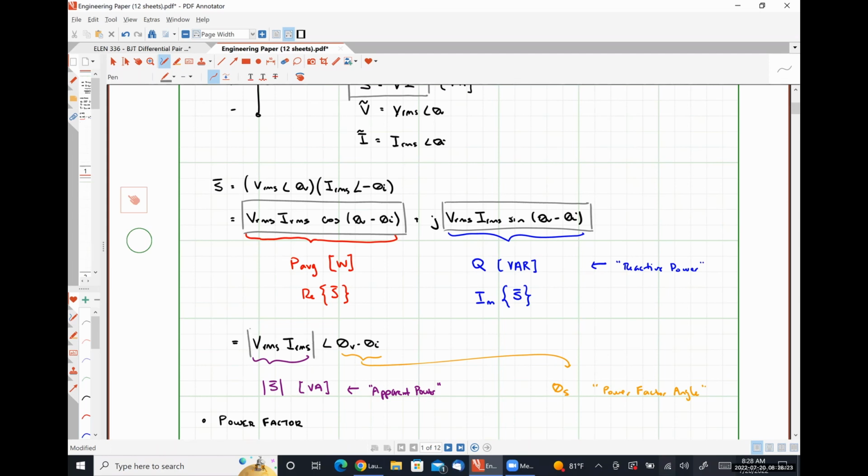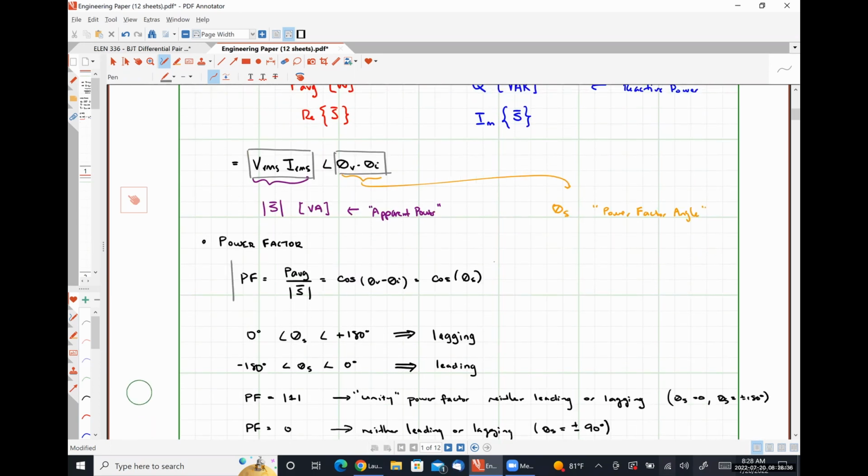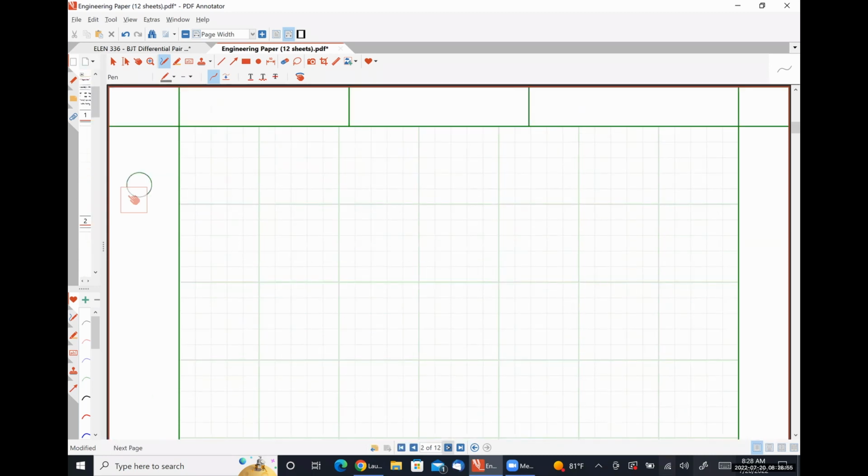This guy right here for our apparent power. This guy right here for our power factor angle. And then this combination of relationships right here for determining power factor. That's a lot of equations to hit you guys with on a single day. So what we're going to talk about now is the power triangle, which relates all these quantities.